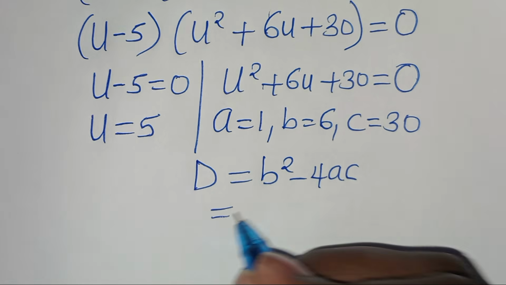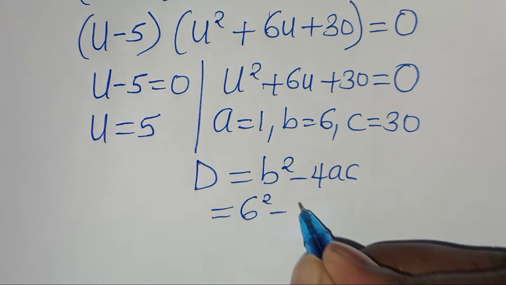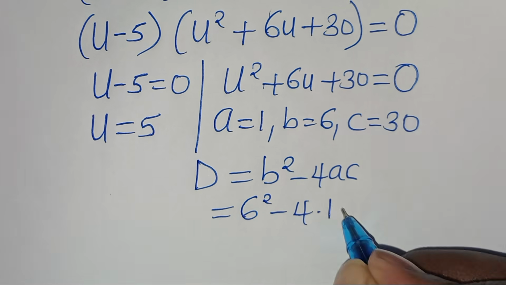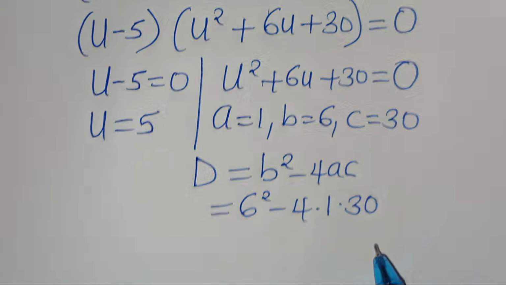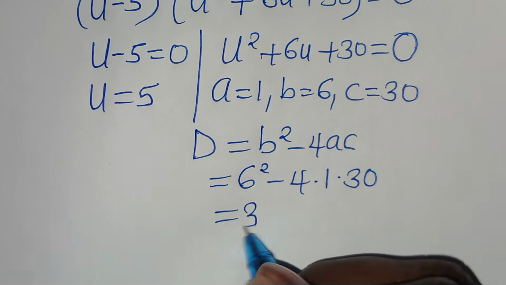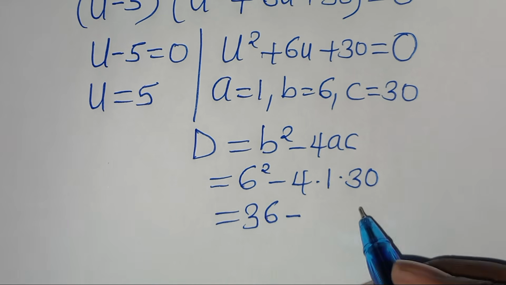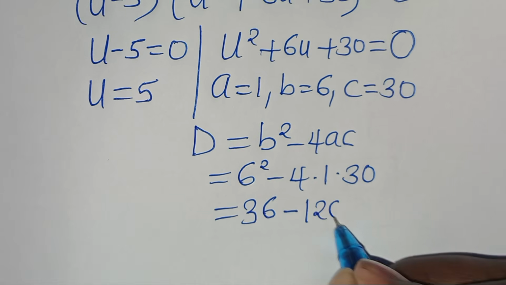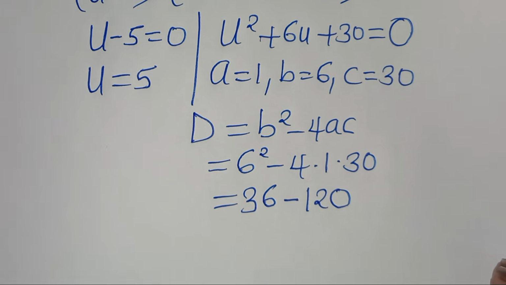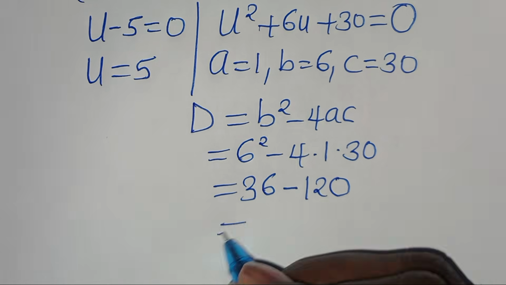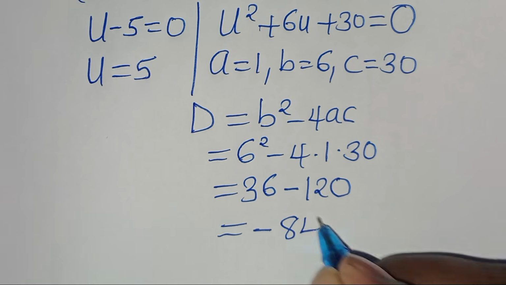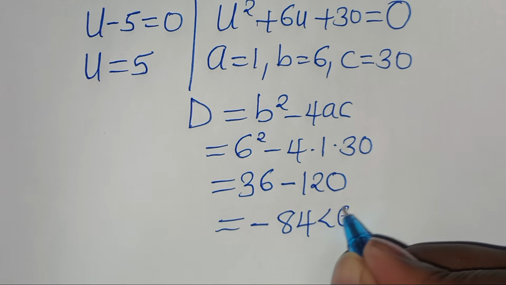So we have 6 to the power of 2 minus 4 times a, which is 1, times c, which is 30. So this is equal to 36 subtract 120. And this means that we have negative 84, which is less than 0.